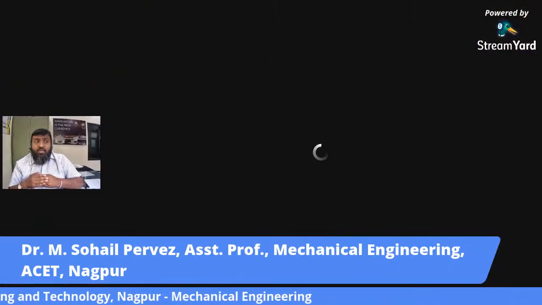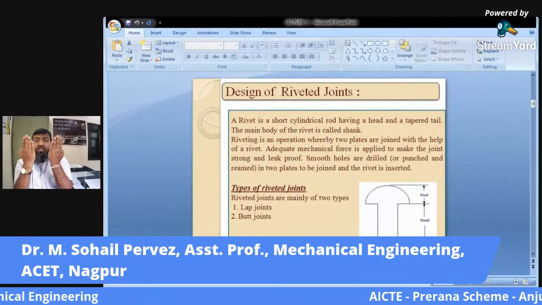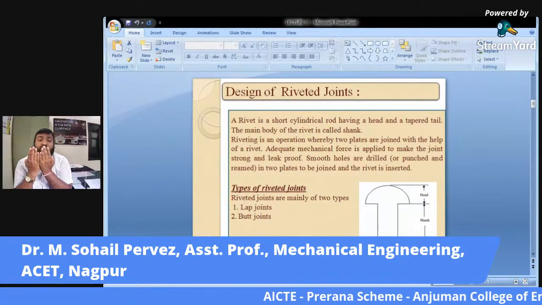How many different types? There are two types: lap joint and butt joint. It is quite clear from the name itself. When we say lap, it is one plate lapped over another, and we put rivets in this. So this is a lap joint. The next type is the butt joint. These are the two plates which we want to rivet.